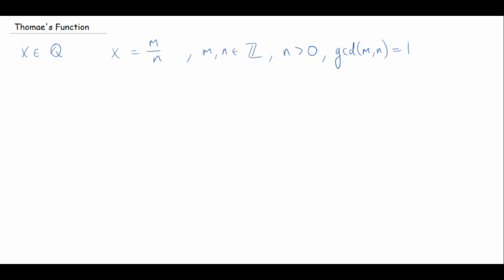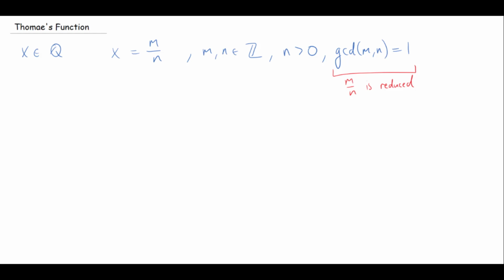This is basically telling me that m over n is reduced. Once I have all these conditions, this is a unique representation of x. If I want to write a rational number as a fraction, and I make the denominator positive and reduce the fraction, that is unique. There's only one way to do that.